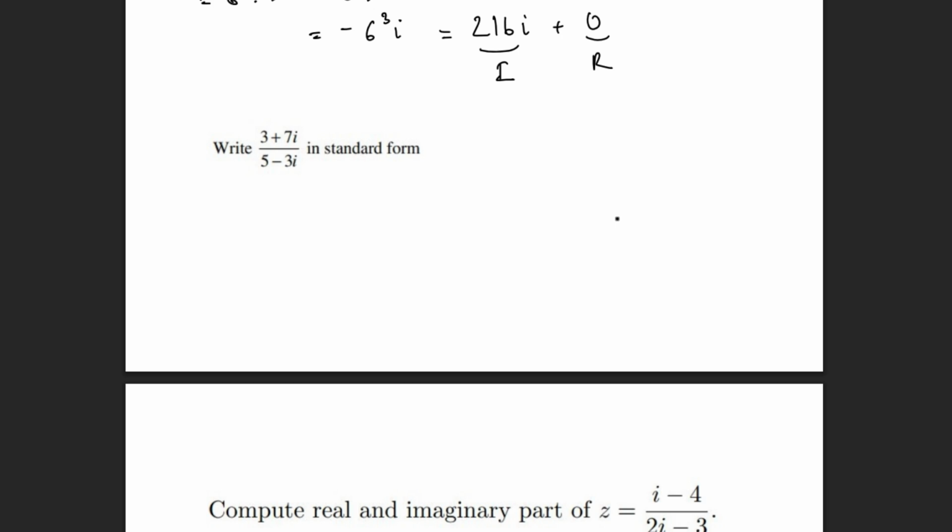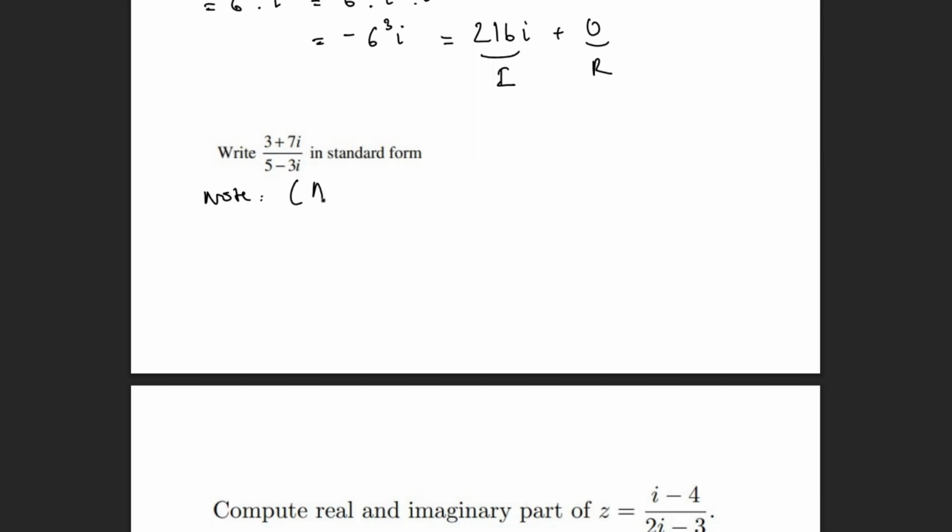Okay, so write 3. In this exercise, we have to note that (a + b)(a - b) = a² - b².